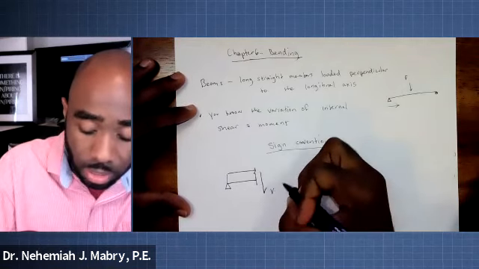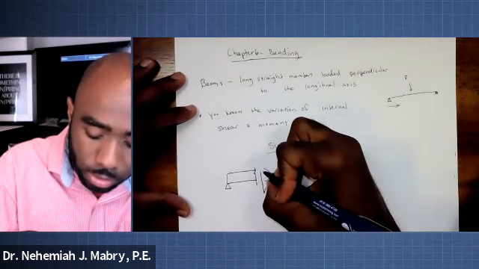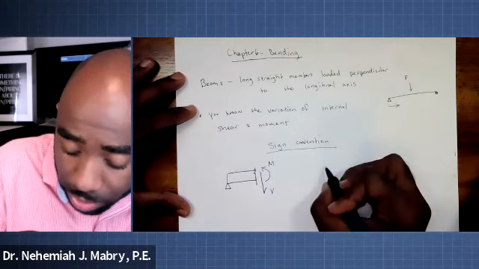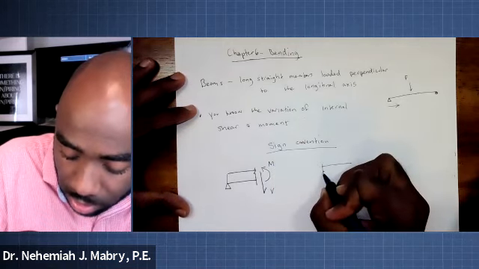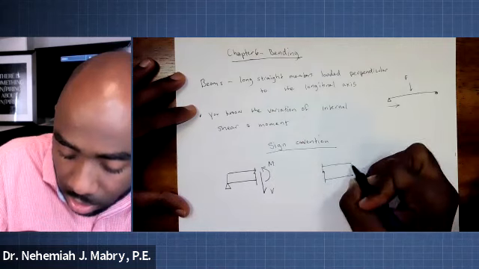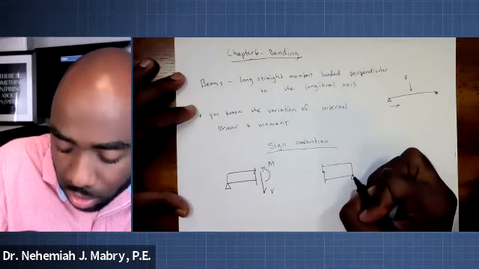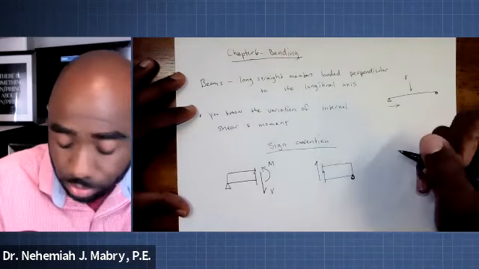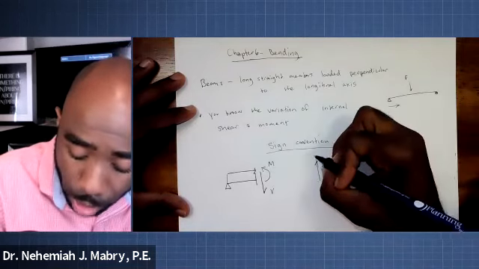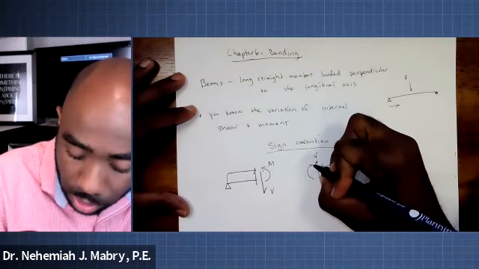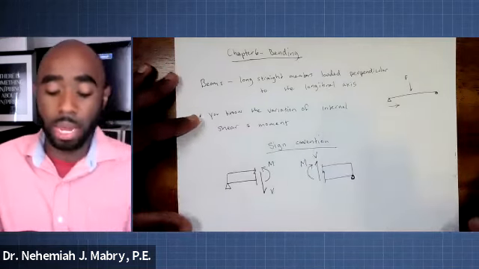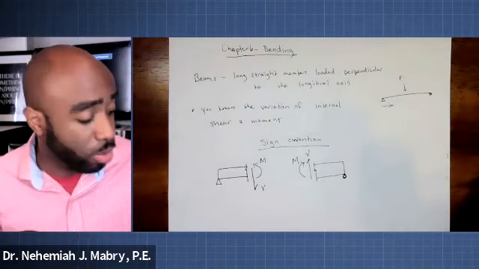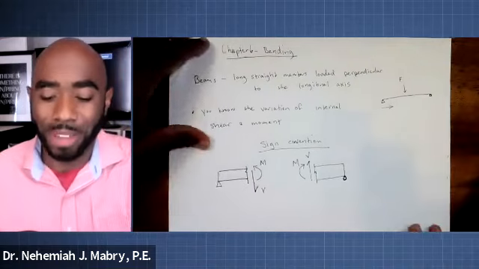That's V. And the moment should be drawn counterclockwise. If you're cutting from the other side, then the shear is going to be going up in this case, and the moment is going to be going clockwise. So keep that in mind. Do not lose track of the sign convention when we get into the process of analyzing these structures.